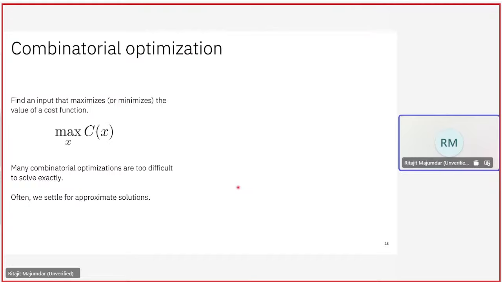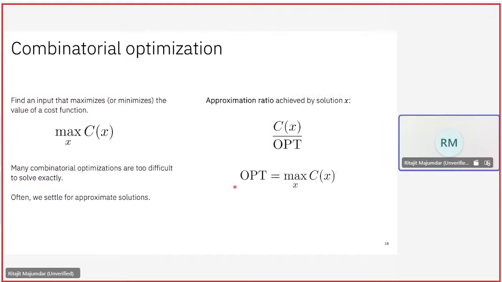As I said, mathematics or CS students can get very angry with this kind of definition. But roughly speaking, these are very hard problems for which we don't have any polynomial time solution.